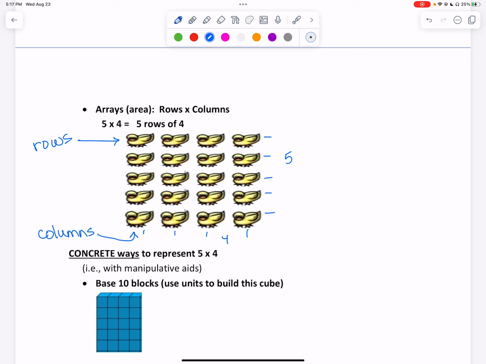Anytime you are showing it with an array, and that's what this is called, an array, an array really is just a set of items that you put in rows and columns. It can be numbers, it can be ducks, whatever you want it to be. But you want to have 5 rows, and there are 4 in each row.